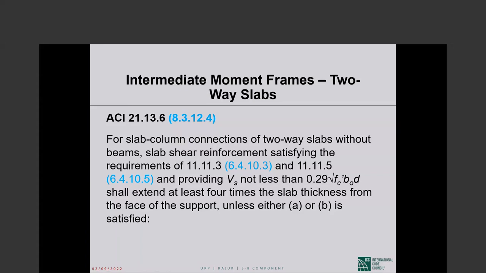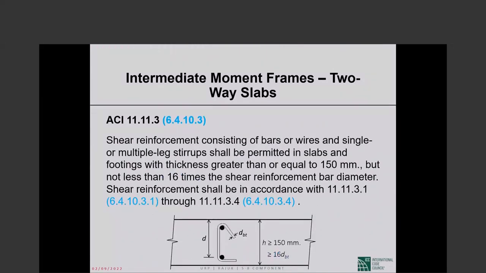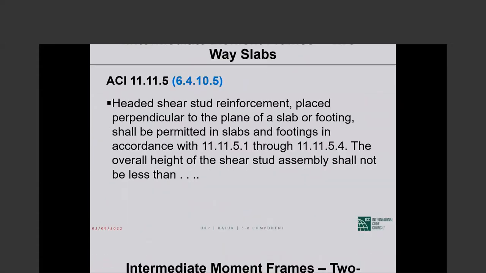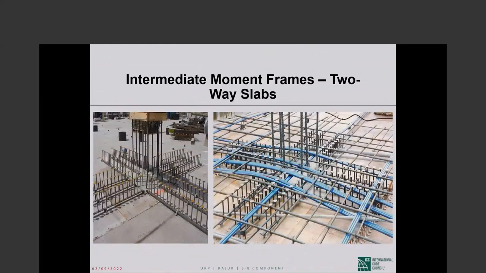Okay. So the prescribed amount, I don't know how important that is. The punching shear reinforcement that we are talking about can be in the form of stirrups, which require a minimum depth. You can look that up. I don't know that that is terribly important. Today, as I mentioned, pretty much the standard punching shear reinforcement are the stud rails.